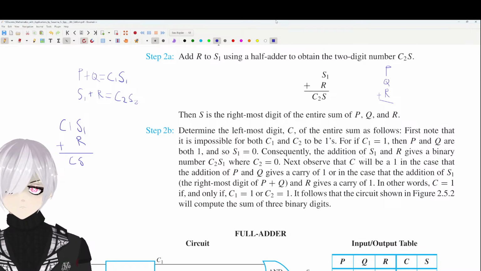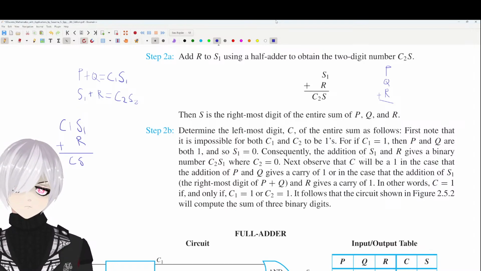So the C will be 1 in the case that the addition of P and Q gives a carry of 1, because eventually we'd be doing S1 plus R and we carry 1 and do 1 plus C1.